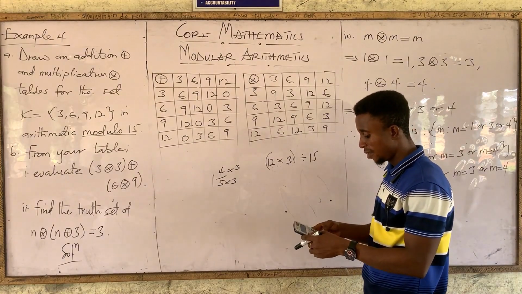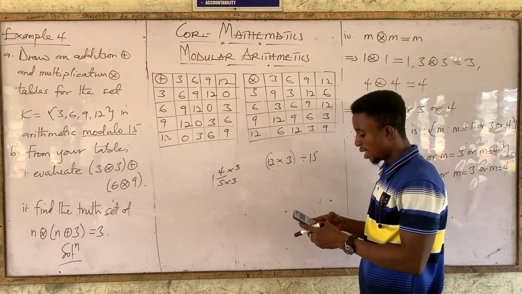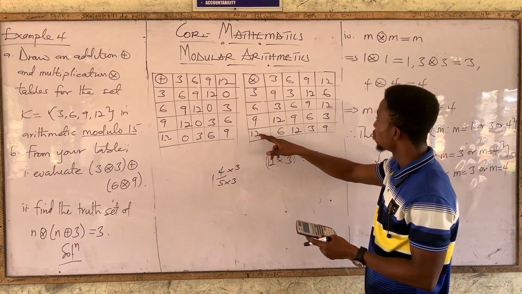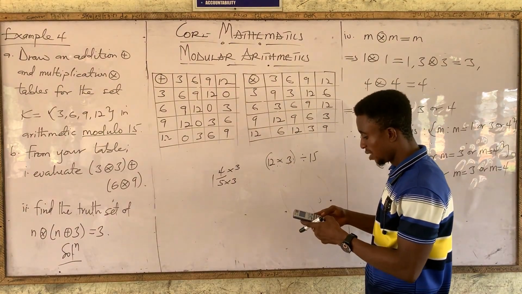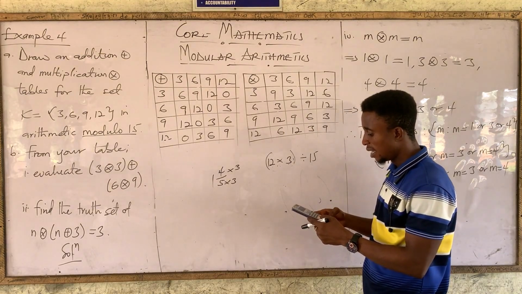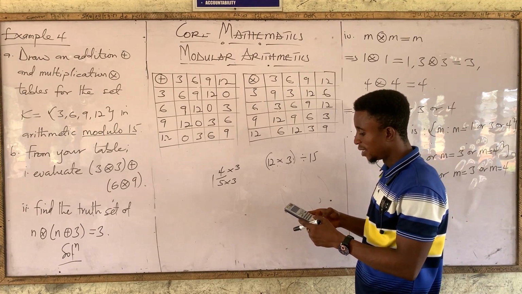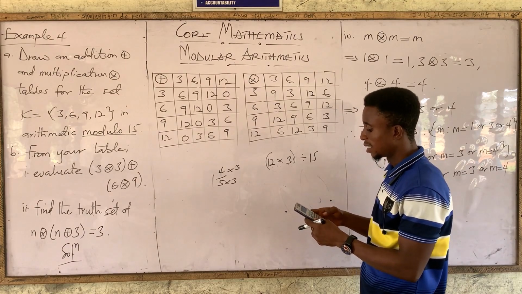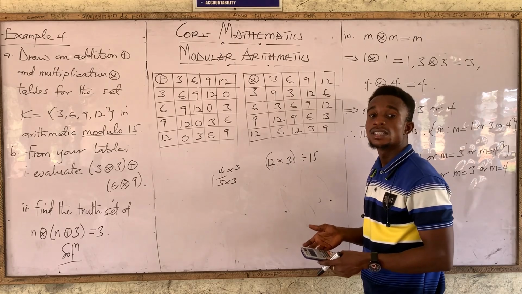Then they will have the answer. The next one, if they want to do 12 times 12, they will click on the AC again. Then they will say 12 times 12, then equal to, then divided by 15. Then they convert it. That one too is the same.